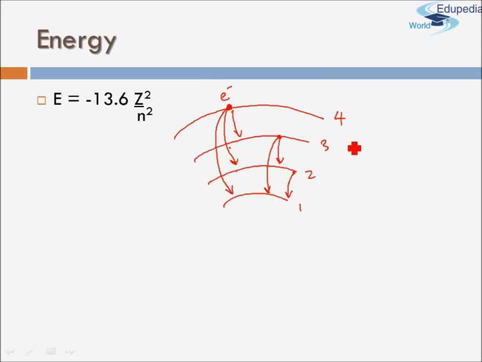That means it can emit only 6 different kinds of photons, with 6 different wavelengths or frequencies of electromagnetic radiation, which means you can observe only 6 different lines being emitted in the atomic spectrum.